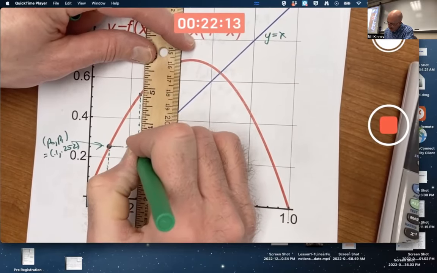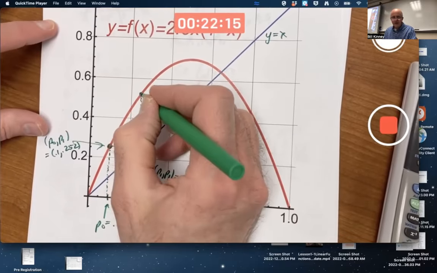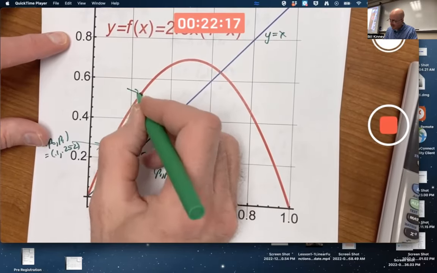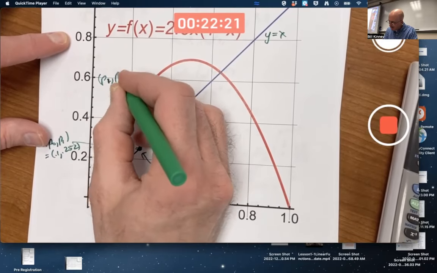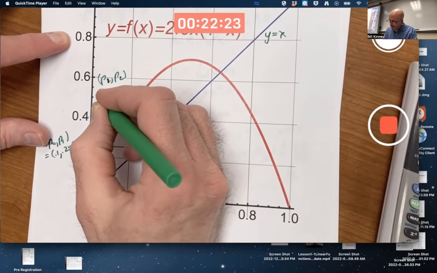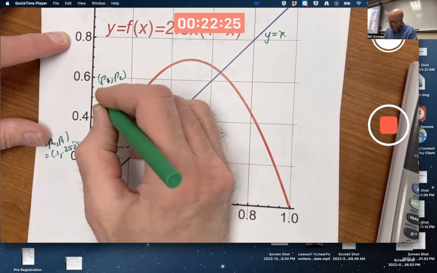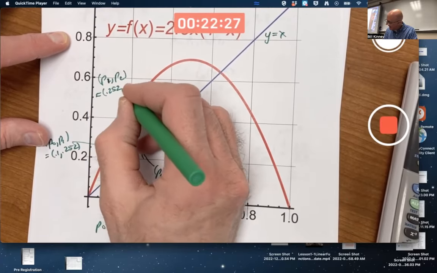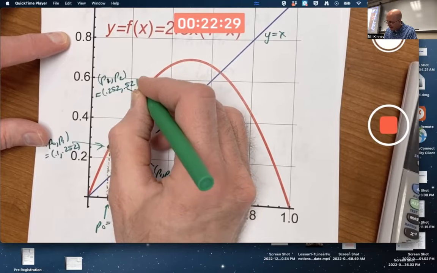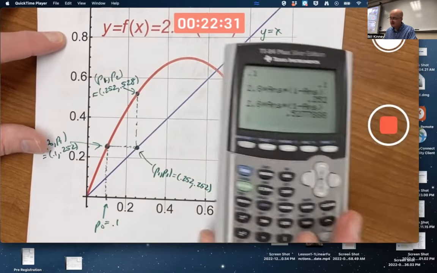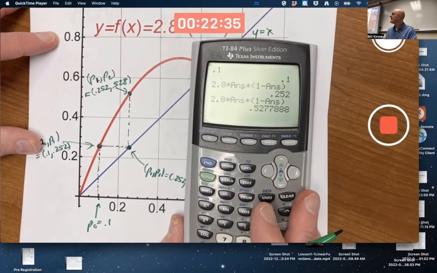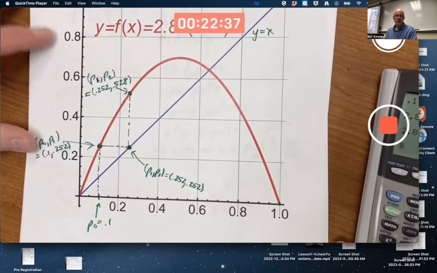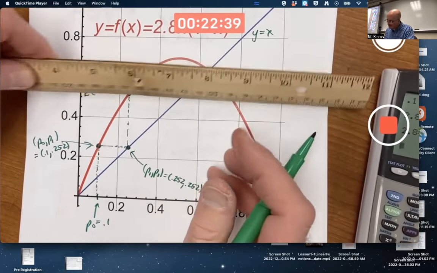With a vertical line. Now we're at the point with coordinates P1, comma P2, approximately 0.252, comma 0.528 if you round to 3 places. Continue. Go to the line y equals x horizontally.